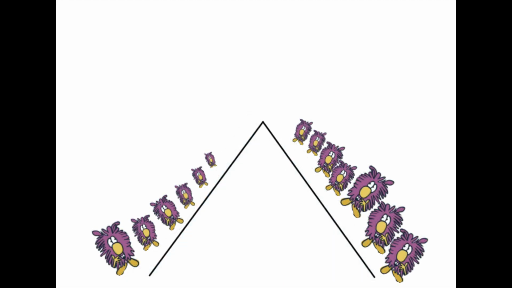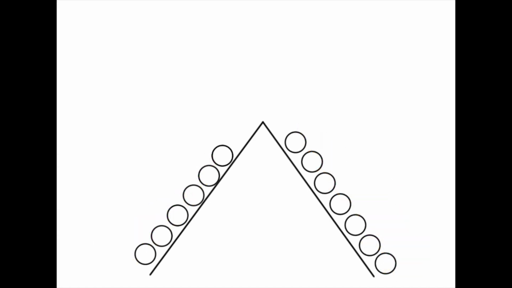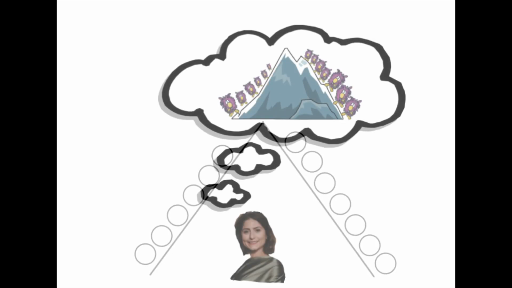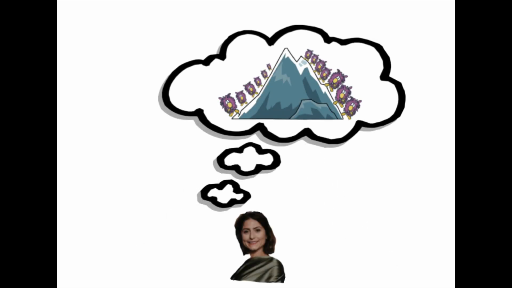And instead of drawing all of these cute tiny tumblers, we are going to create circles and pretend that they are tiny tumblers. While we do this, I still want you to keep the picture of the math mountain and the tiny tumblers in your head, just like me.